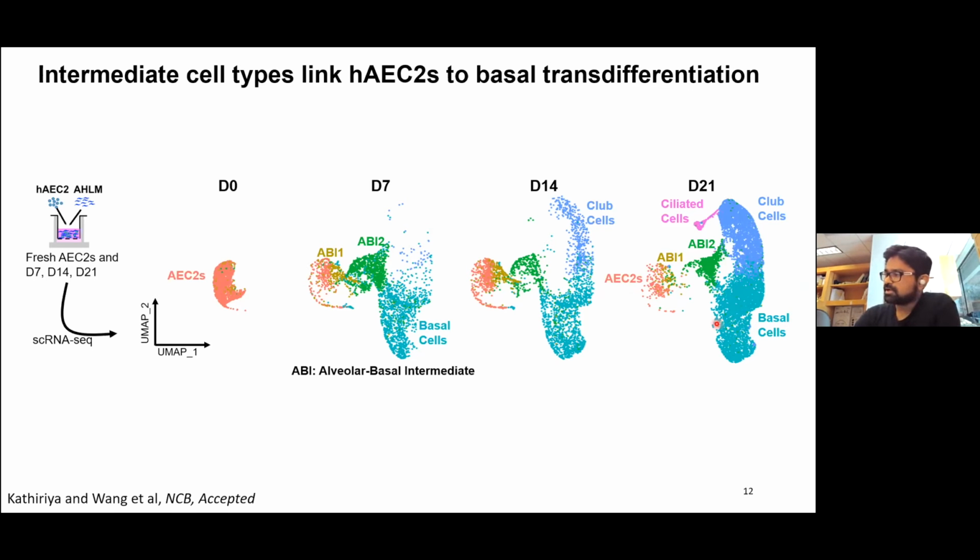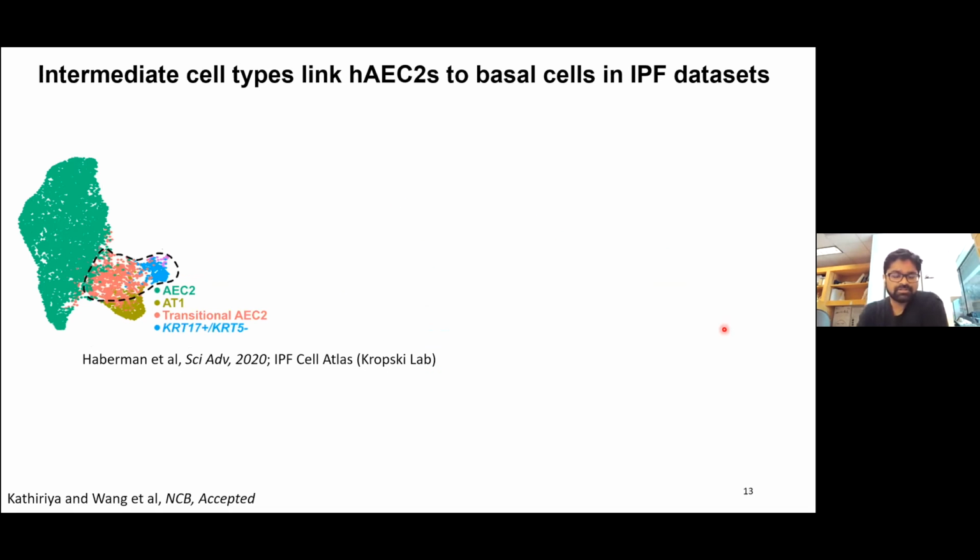So we were curious about what these intermediate cells are and how they are described in fibrotic lungs, if they are. In the last couple of years, there has been much more detailed analysis of IPF lungs, with no very small contributions by the IPF Cell Atlas. Especially we looked at this particular data set coming out of the Kropski Lab at Vanderbilt, where they analyzed a number of fibrotic lung diseases, and we focused on the IPF out of all that.